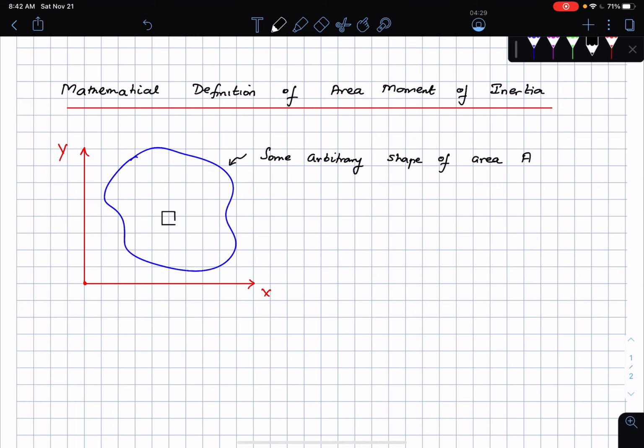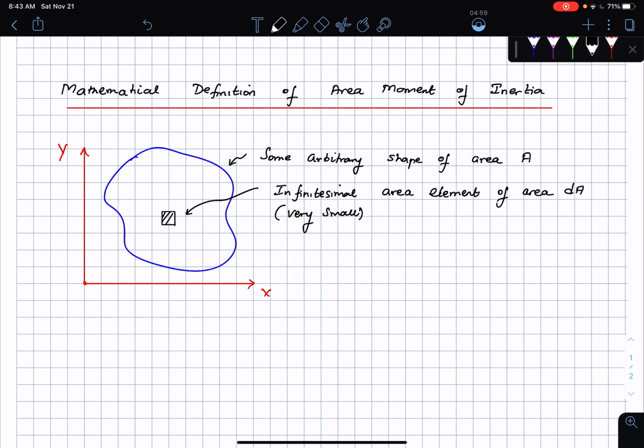Okay, so this guy here is an infinitesimal area. Infinitesimal means very tiny, an element of area dA.